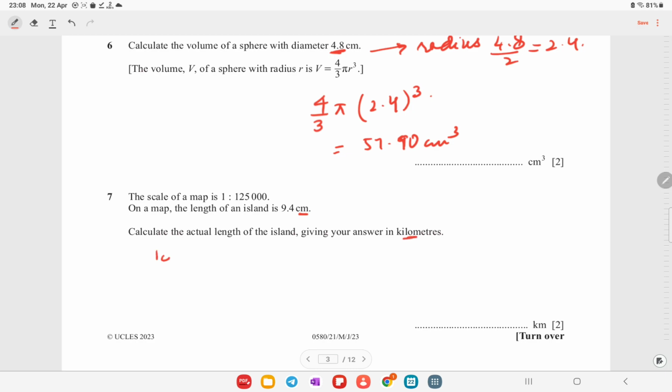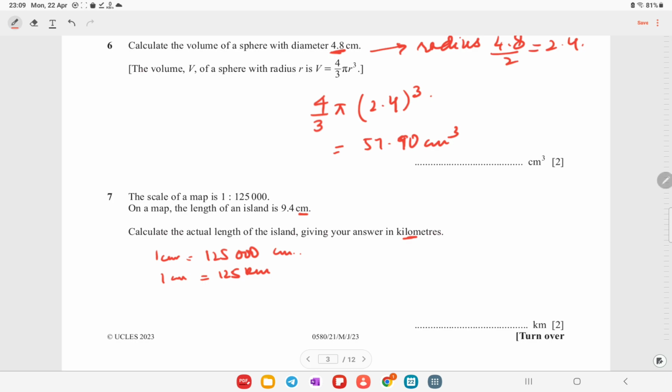So 1 centimeter equals 125,000 centimeters. If you divide this by 1000, it's going to be 125 kilometers, because initially this is in centimeters. So now you have to use the unitary method to solve this.